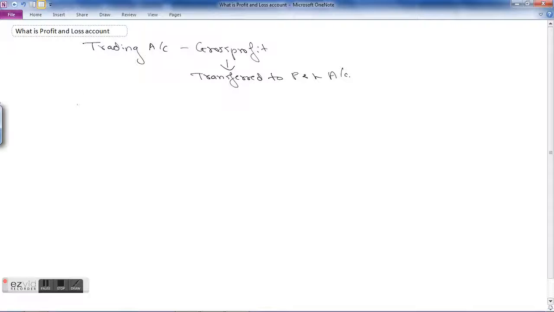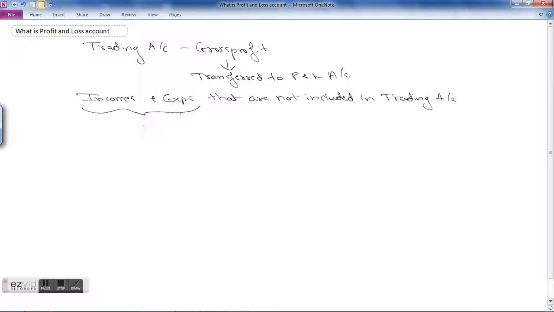As the name itself suggests, the profit and loss account will include all the incomes and expenses that are not included in the trading account.